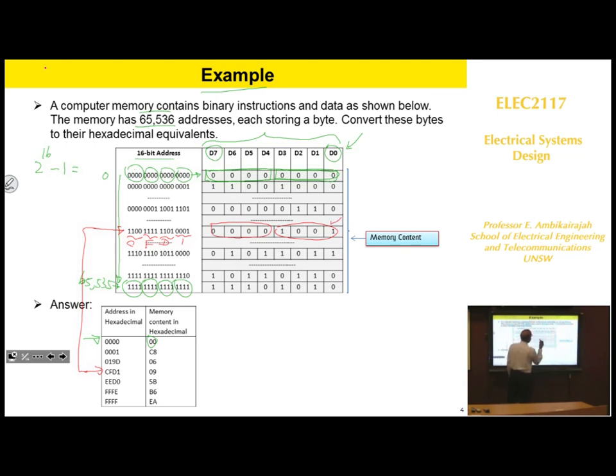This is 9, that's 0. So it will be 09, the memory content. Similarly, the last location, FFFF. So that's the last location. The memory content is going to be, that one is A from the table, that one is E, so you write EA. That's the answer for that example.